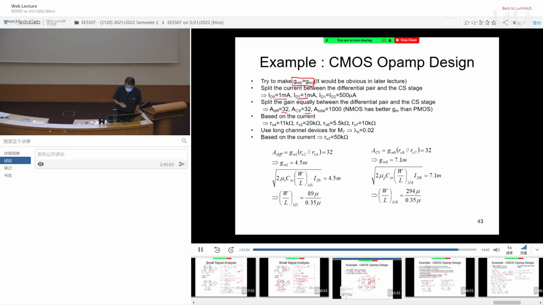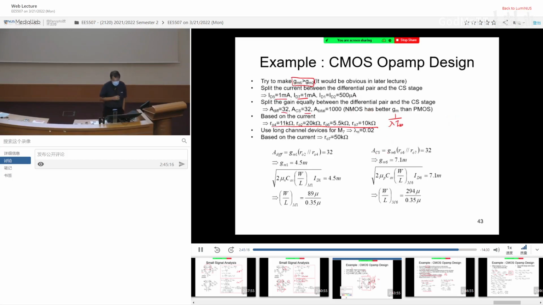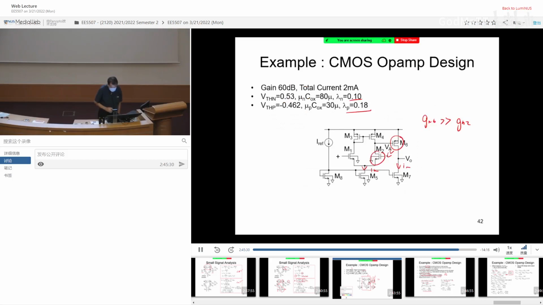And based on the current and also the parameter, we can already work out all these output resistances accordingly because it is 1 over lambda ID, right? And lambda already tells you. For M7, we use the longer channel. Actually, for all the current sources, we can use longer channel. Longer channel will make the lambda even smaller, so you can get higher output resistance. Now, why can current sources use longer channel?